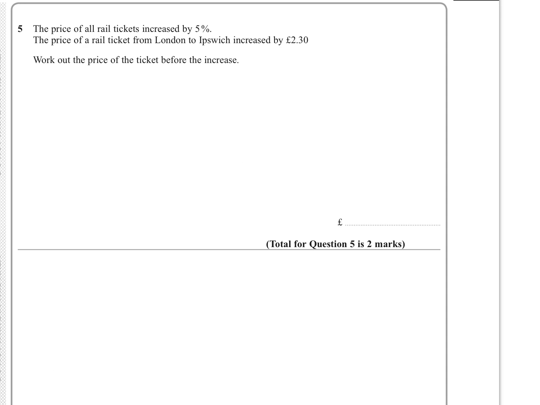Question 5. A nice way of doing these types of questions is if you can see that an increase of 5% was a value of £2.30, then 50% would be, well, 10 times, which would be £23, so 100% would be £46.